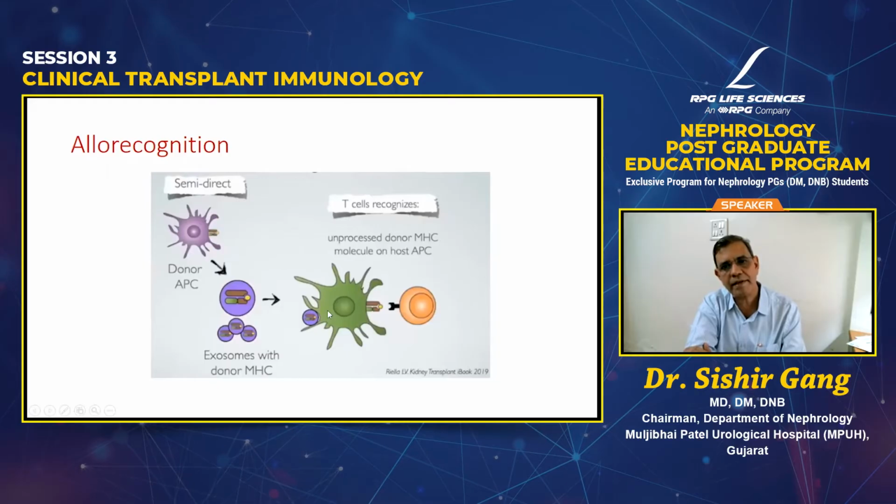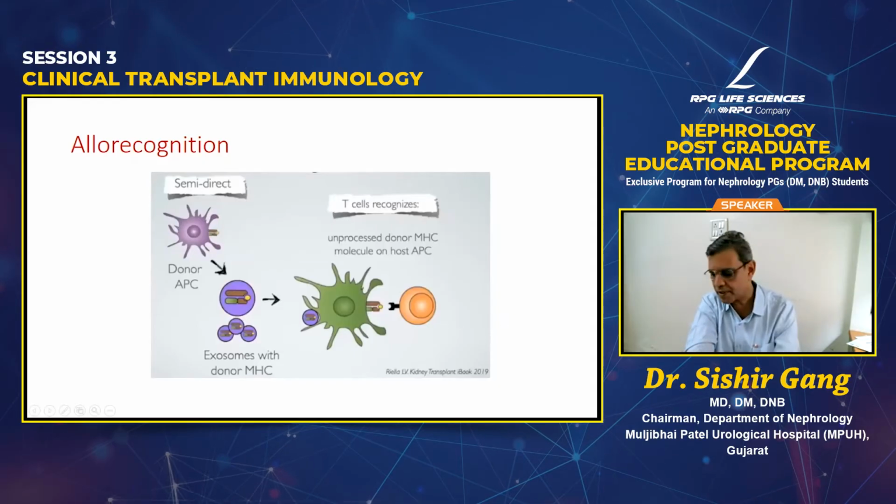Once taken up, it is processed, taken to the surface, and presented as the donor MHC molecule to the T cells. So this is the patient's own cell, and this is from the donor, and therefore it is also known as a semi-direct mechanism of presentation to the T lymphocytes.